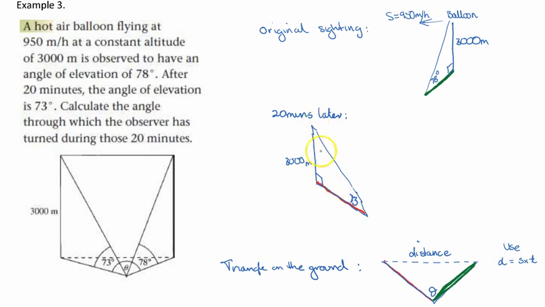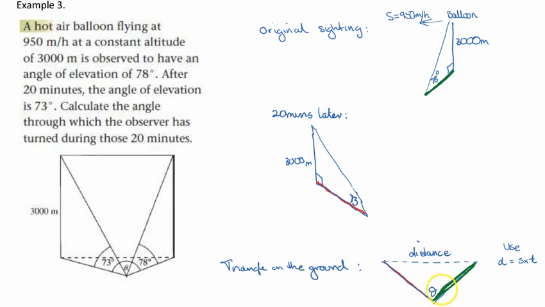We still have a right angle triangle because directly under the balloon would be the point of 90 degrees to the ground, and we don't have the distance from the observation point to underneath the balloon, but you can see that I've highlighted that in red because the third triangle is the triangle on the ground, which actually contains the angle that we're asked to find.